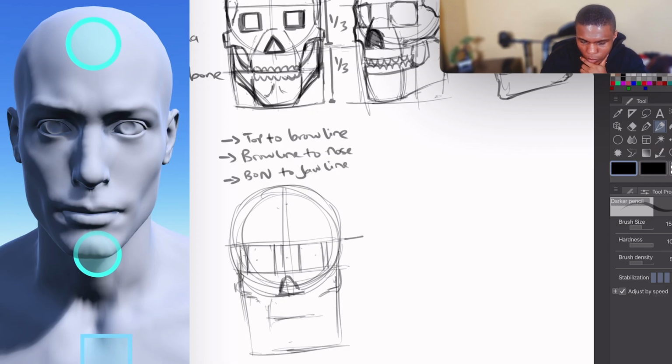Then I'll draw. And with my understanding of how the skull works, I've been able to easily break this down with good proportions.